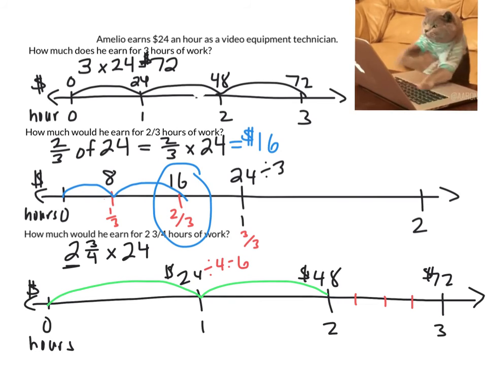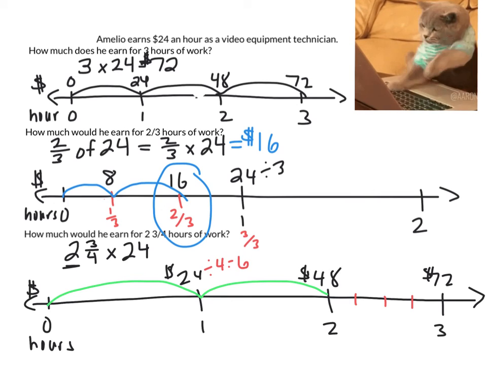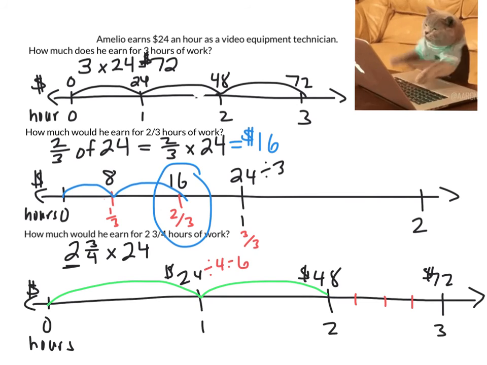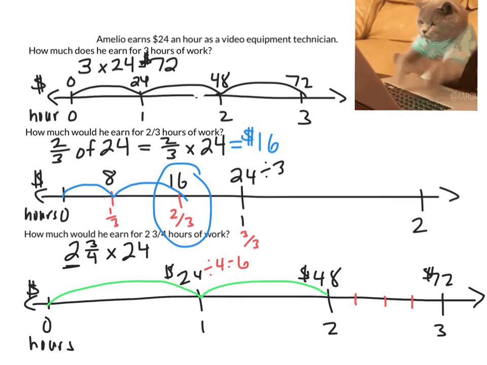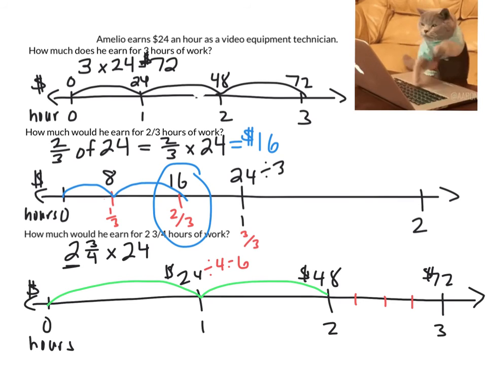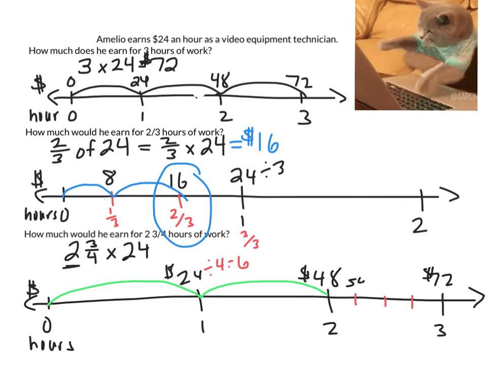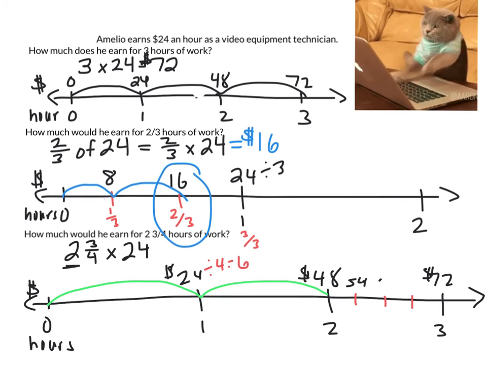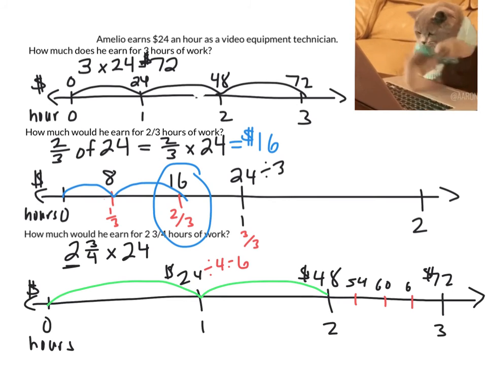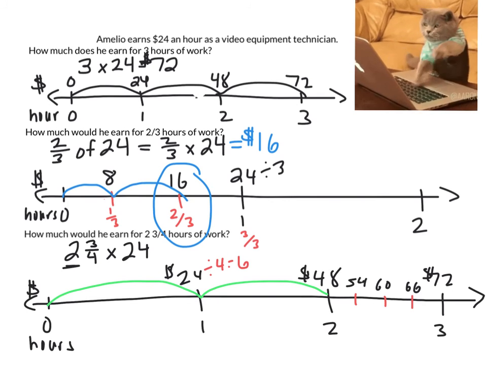So here I'm essentially going to count by sixes. So I would do 48 plus 6, which is going to give us 54. And then plus 6 again is going to give 60. And then 66, and then we will get to 72.